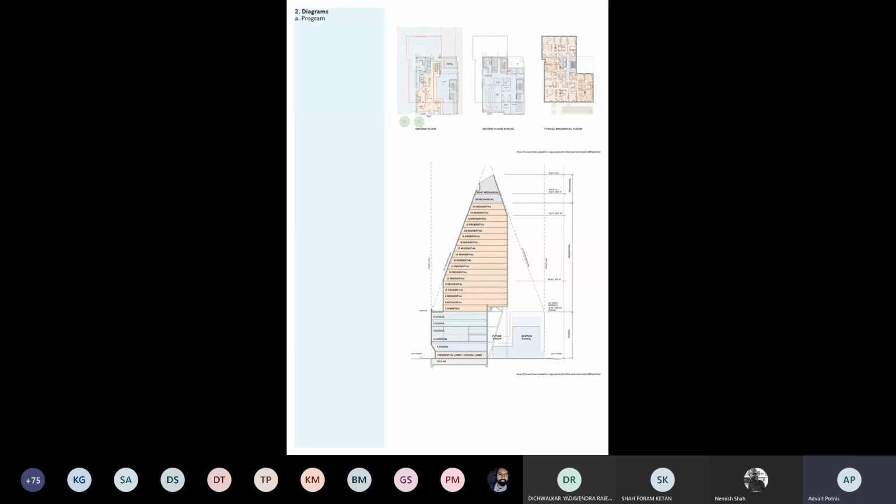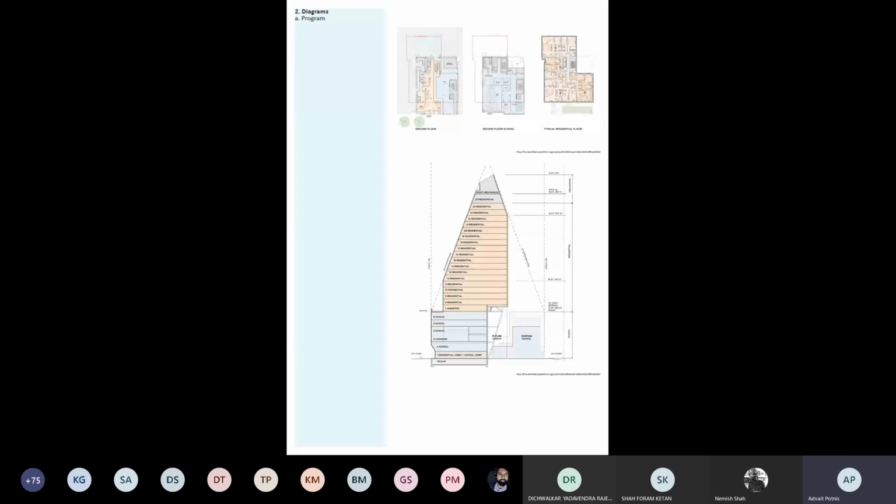Then second is diagrams. Under diagrams, we have a programmatic diagram, showing how the program is distributed. Maybe it's mixed use, maybe it's housing with a public component, or there are HIG, MIG, different types. So you need to create a programmatic diagram of this.